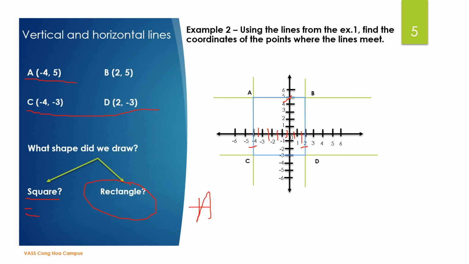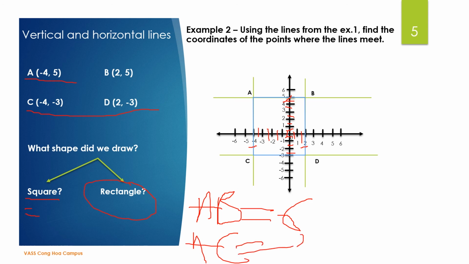So the side of AB is 6 units. What about AC and BD? Let's see, 1, 2, 3, 4, 5, 6, 7, 8. So AC is 8. Okay, so the sides are not equal, therefore we have a rectangle.